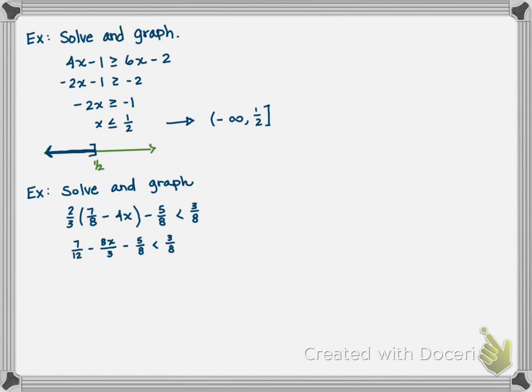So now I can clear fractions by multiplying both sides by 24. You have two choices when you multiply both sides by 24. I meant 24, not 12. You can either write 24 and then put the entire left side in parentheses, and then the entire right side, which in this case is just one term.